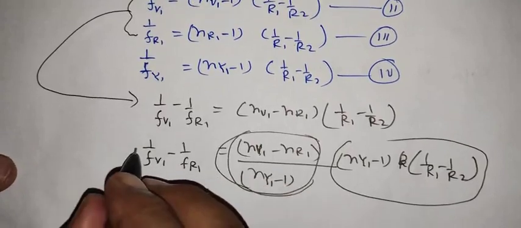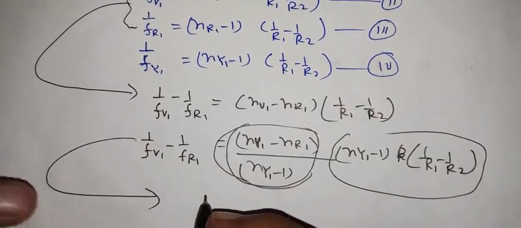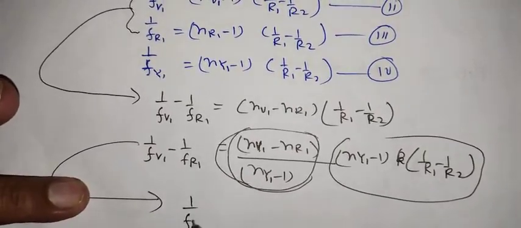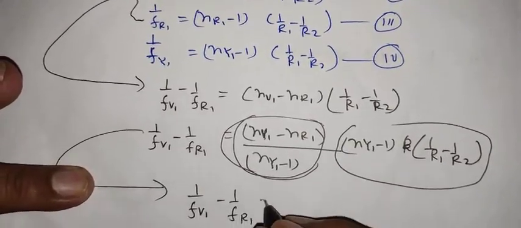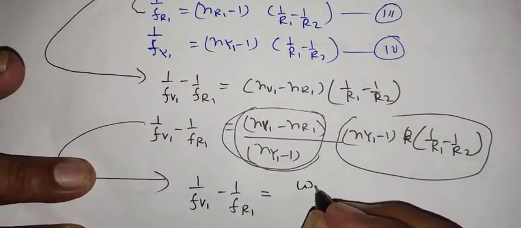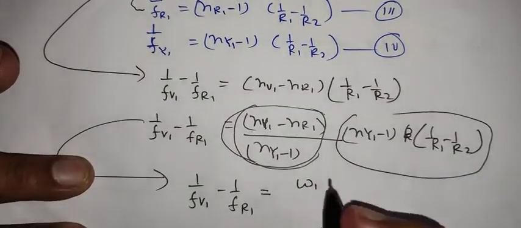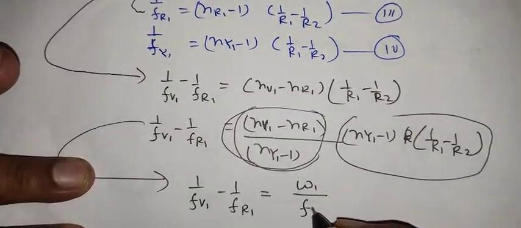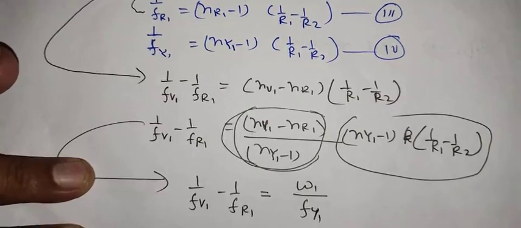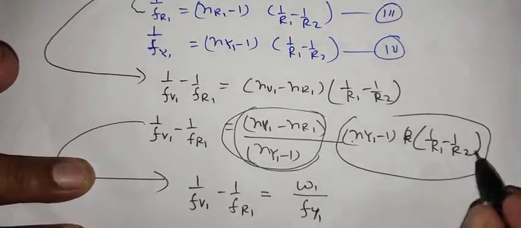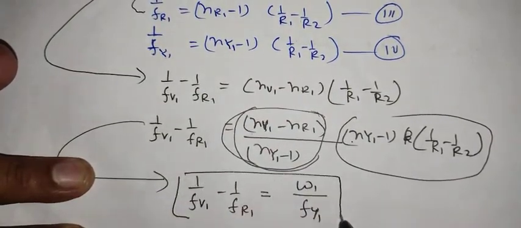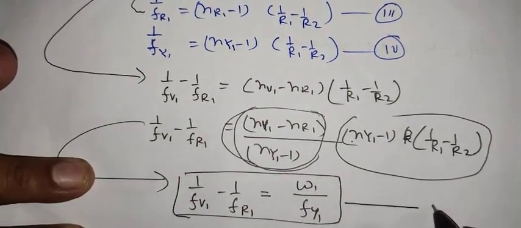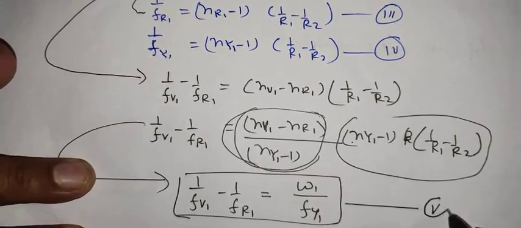So using both relations, this expression can be written as 1 upon fv1 minus 1 upon fr1 is equal to omega 1 by fy1. This is fy1 and this is omega 1. This expression is equation number 5.